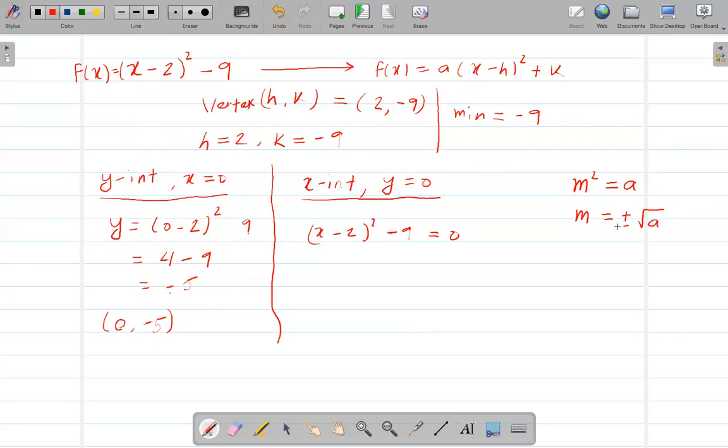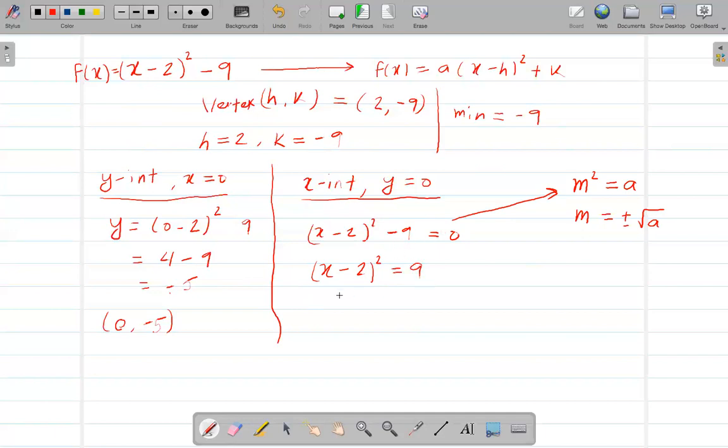So we need to consider both the plus and minus conditions. We can change this equation to this form, because if I move the 9 to the other side, on the left-hand side we get (x minus 2) squared equals positive 9.